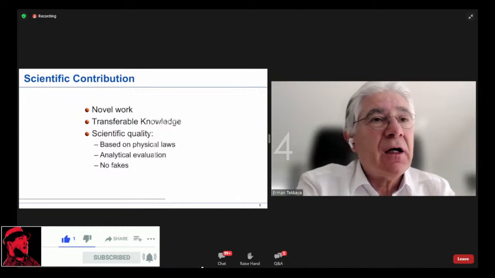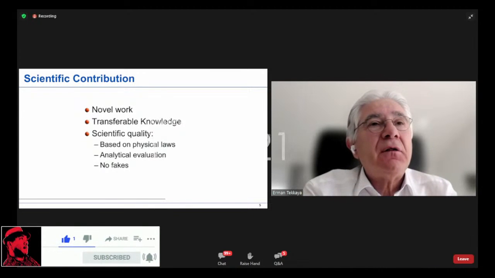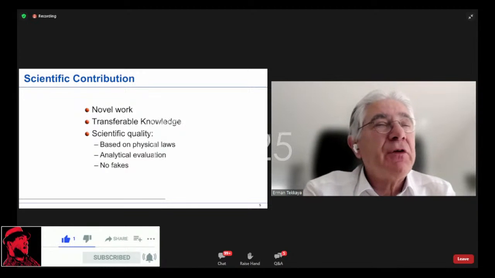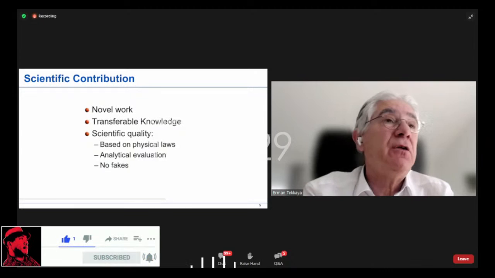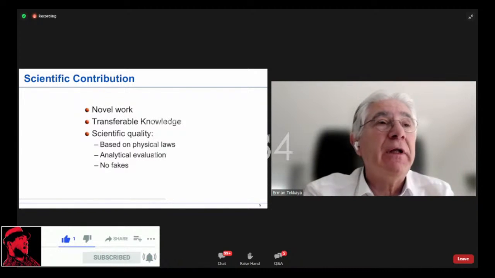In order to make an archival paper, you have to make a scientific contribution. And the question is, what is a scientific contribution? A scientific contribution can be threefold. It can be a novel work, a novel idea. I'm going to explain that in a minute.